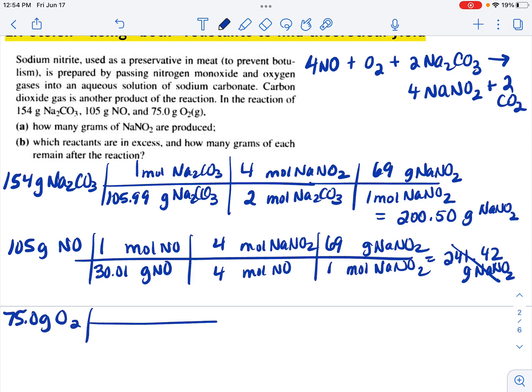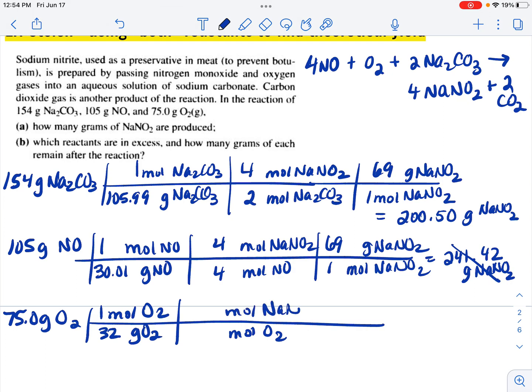I'm going to do it once more. 75.0 grams of O2. Let's see how much of the NaNO2 we could produce from that. Grams of O2 to 1 mole of O2, that's going to be 32. And moles of O2 to moles of NaNO2 from my equation, 1 O2 to 4.